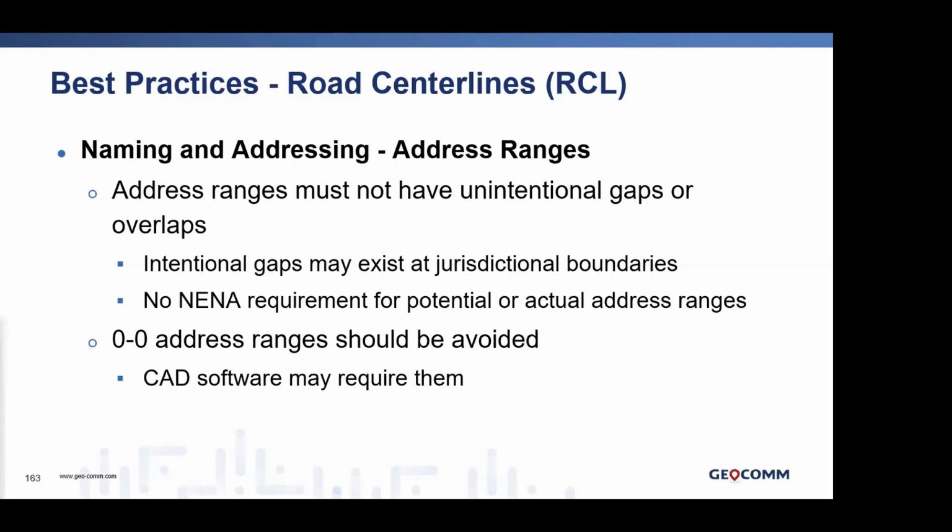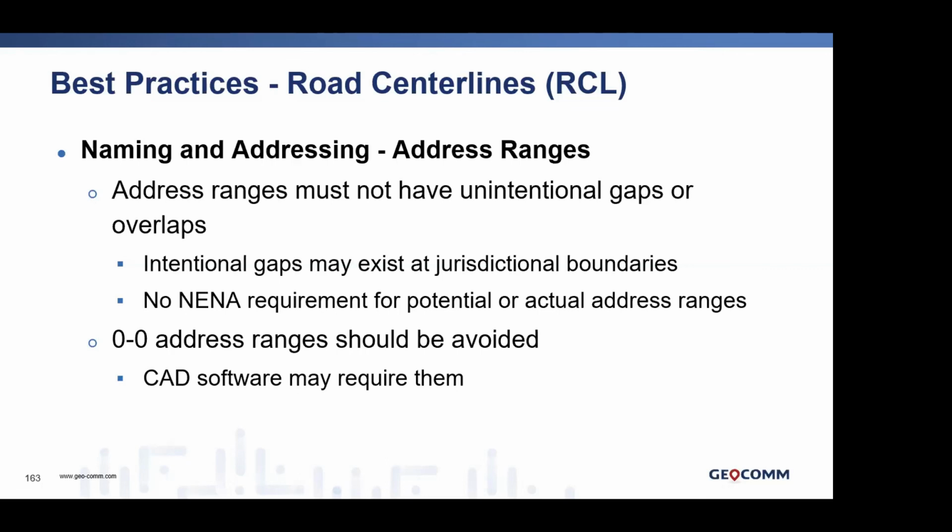Yeah. So in the instance where you have a road center line that matches a municipal boundary, and the 2 municipalities on each side have different addressing grids, you may have a left side of a road that has a range from 100 to 200, and then on the right side, it's a range from 1,000 to 2,000.